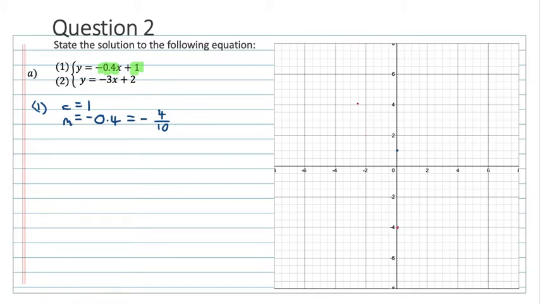Oh no, we should go down 4. 1, 2, 3, 4. So here, sorry. Then we've got to go across 10. 1, 2, 3, 4, 5, 6, 7, 8, 9, 10. So this is going to be our second point here. Now drawing the line.